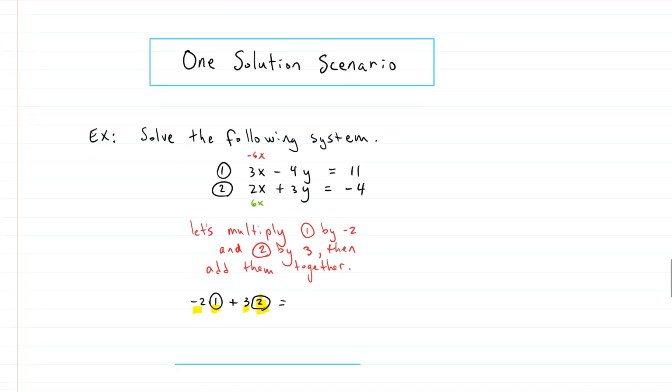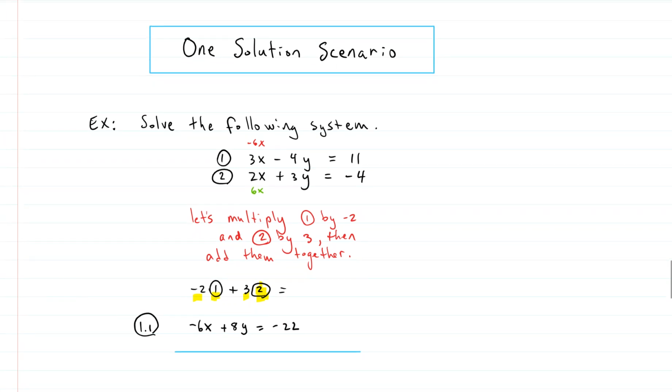If we take equation 1 and multiply it by -2, we get a -6x and a positive 8y and a -22. This was equation 1, right? But we'll call it 1.1 because it's changed. It's our new version of equation 1. How about equation number 2?